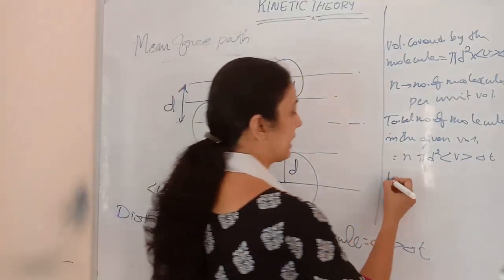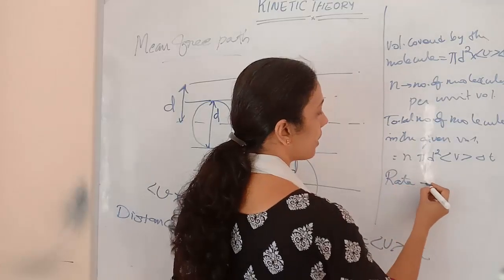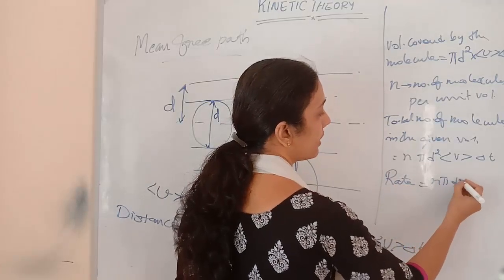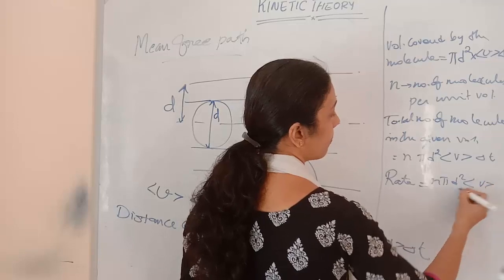What will be the rate? n pi d square v by delta t.